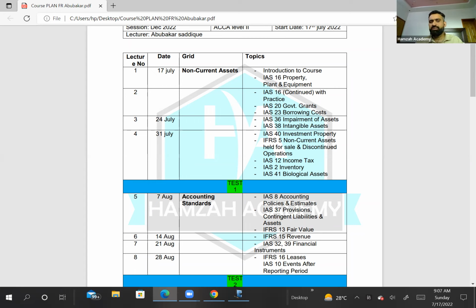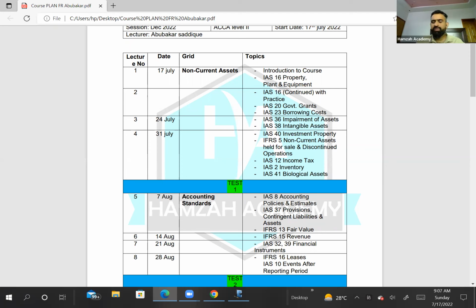The asset which we have decided to dispose of is known as an asset held for sale, and for such assets we have IFRS 5. Similarly, sometimes we decide to discontinue a particular product line or a particular geographical area. How it will be accounted for is also dealt with in IFRS 5.